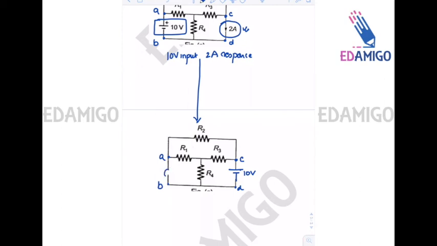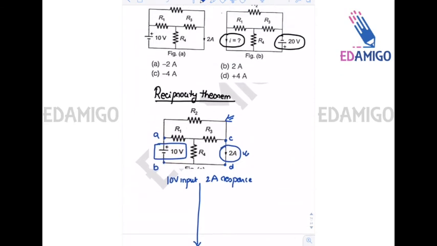Since this circuit is reciprocal, this 10 volt will create a 2 ampere reading in the ammeter.